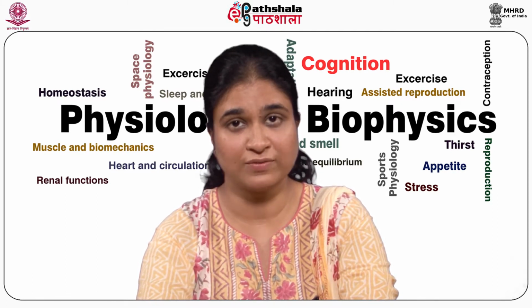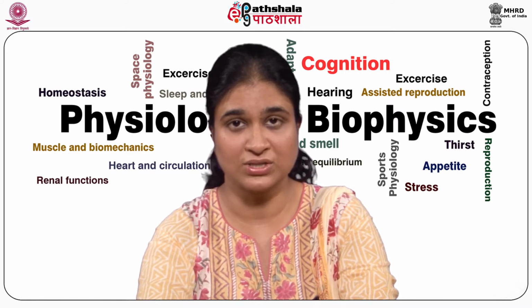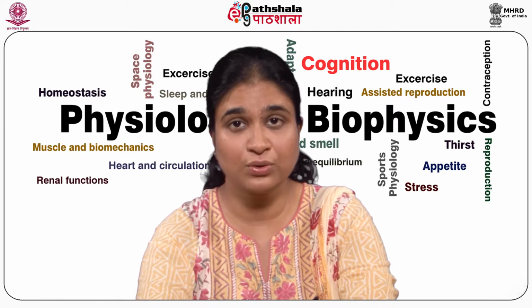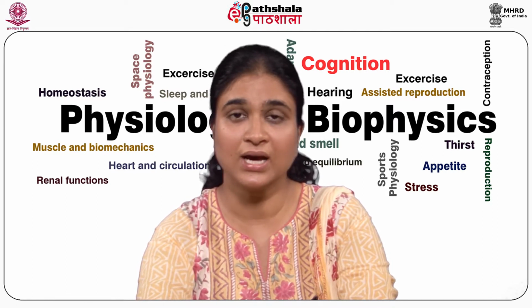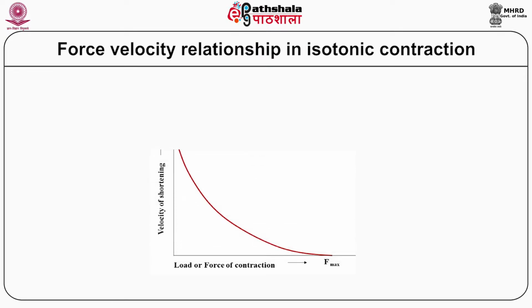Maximal velocity of shortening, or Vmax, is attained when the muscle contracts against a zero load or in an externally unloaded state. As the load increases, the velocity of shortening decreases, and finally it becomes zero against a load Fmax that cannot be moved when the contraction completely becomes isometric.